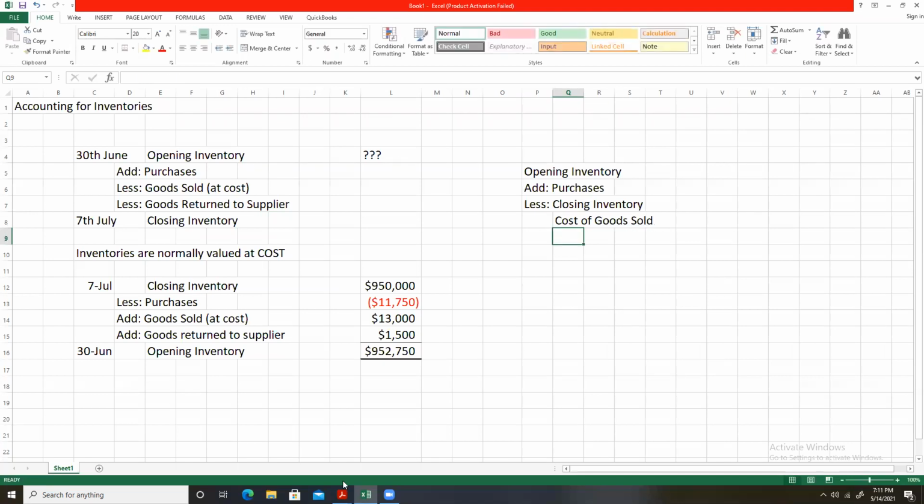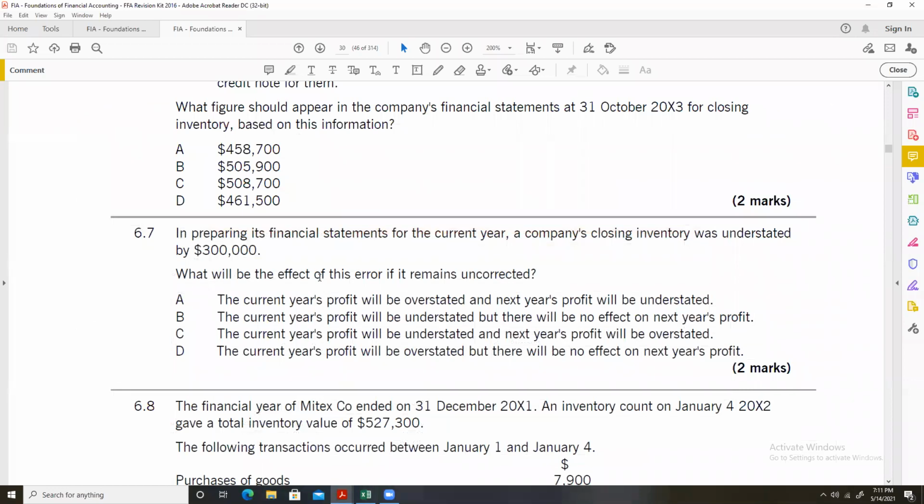Now, think yourself, what will happen if the closing inventory is understated by $300,000? Just simply think over it. What will happen if the closing inventory is understated?